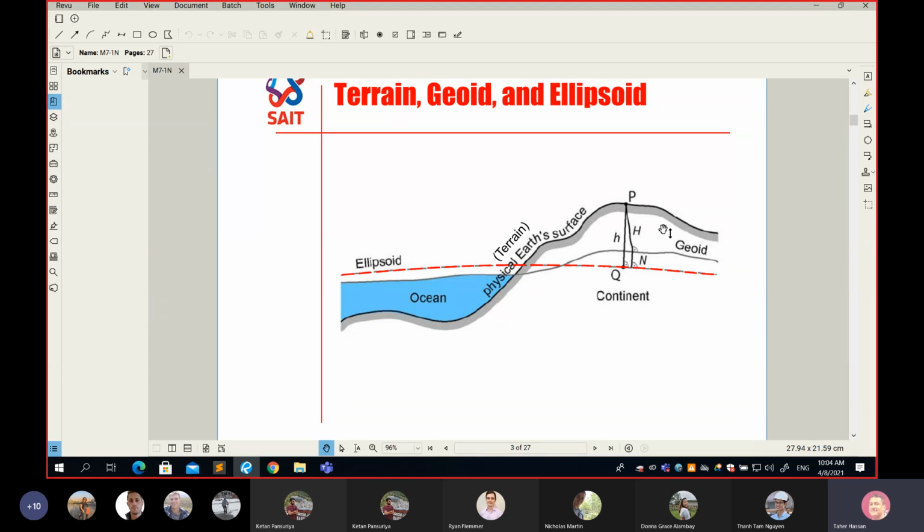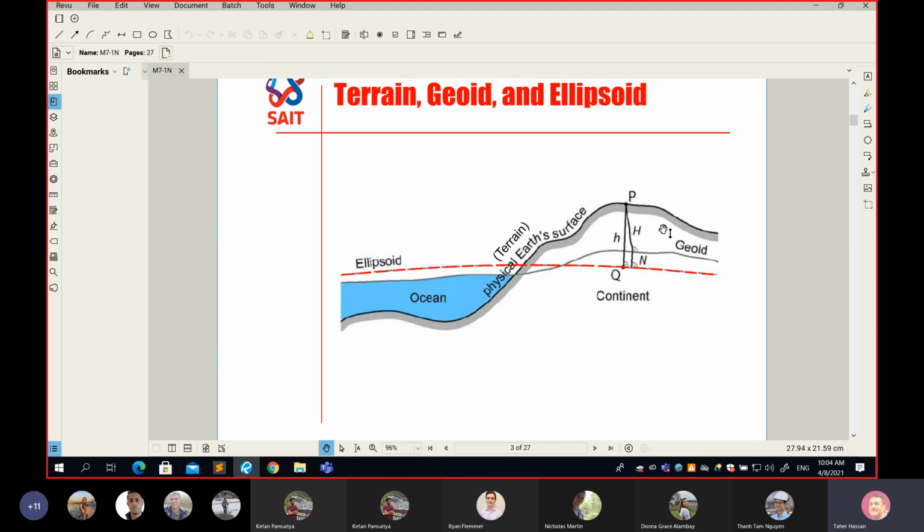The second shape of the Earth is called the geoid, which is the gravity field of the Earth, the mean sea level and the extension of the mean sea level under the continents. Both of them are undulated and very irregular.